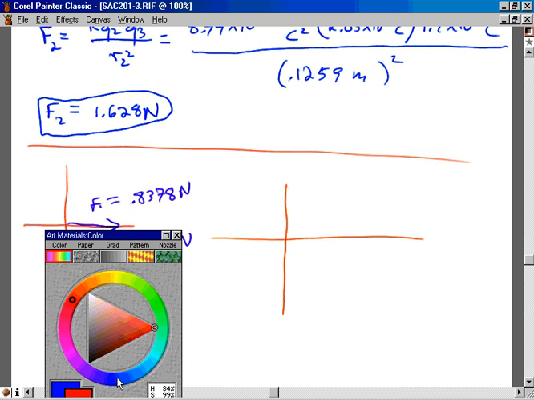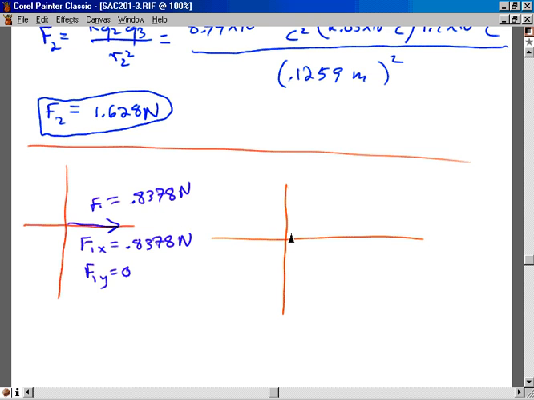It is F2 up here at an angle theta, which we found to be 57.32 degrees. Decimal point right there.